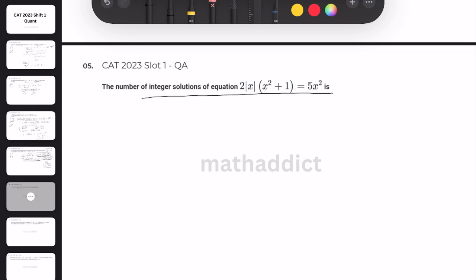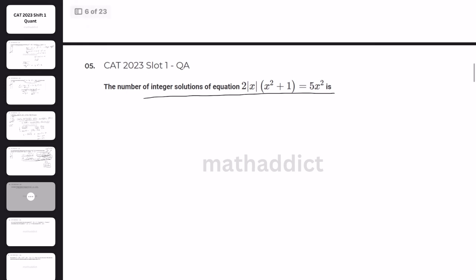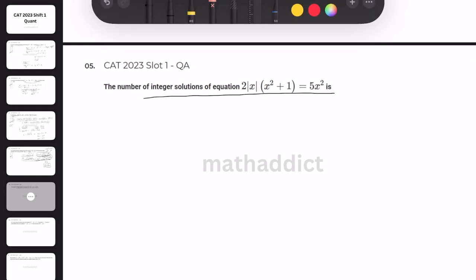So we are required to find the number of integer solutions. So first observation, x equals 0 satisfies this. So we already have one integer solution.